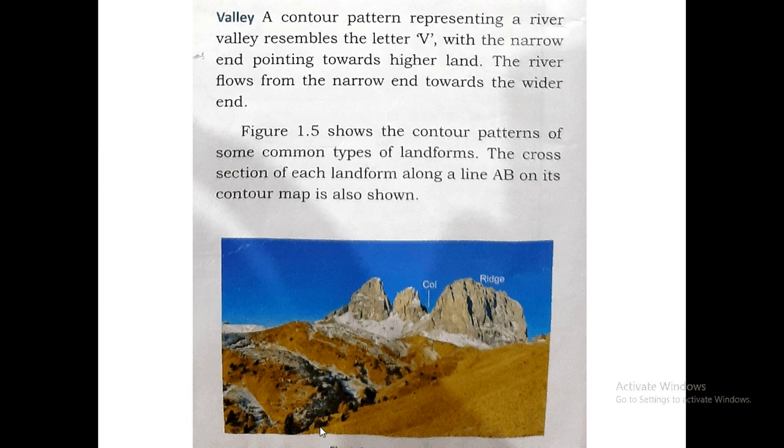So the next topic in this is valley. A valley is a contoured pattern representing a river valley, resembling the letter V. We all know that a valley is in V shape, that's why it's known as valley, with the narrow end pointing towards the higher land.